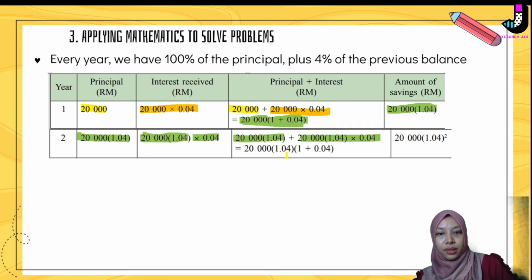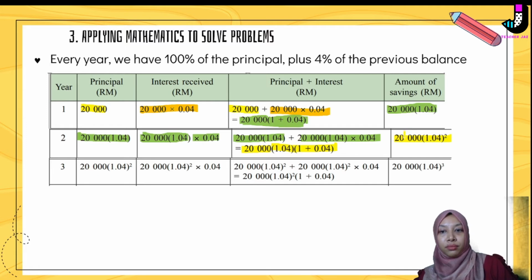Just want to see the pattern. This 1 plus 0.04 actually equals 1.04, and this one also will be 1.04. So this 1.04 we have twice, multiplied with 20,000. So the amount of savings at the end of the second year is 20,000 multiplied with 1.04 squared. Ada dua kan, 1.04 power of 2. Let's see the pattern for the third one.